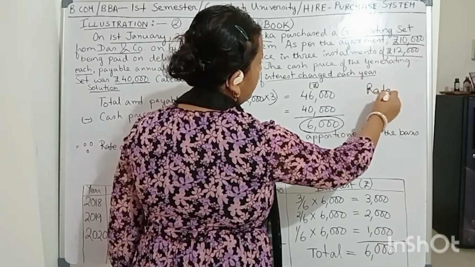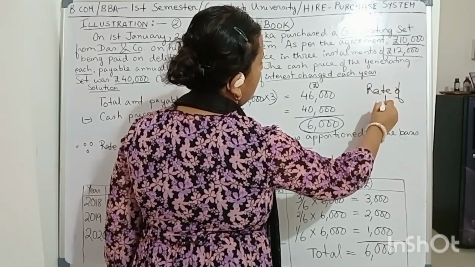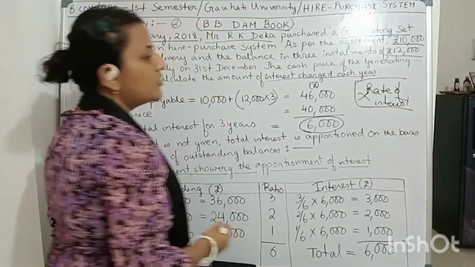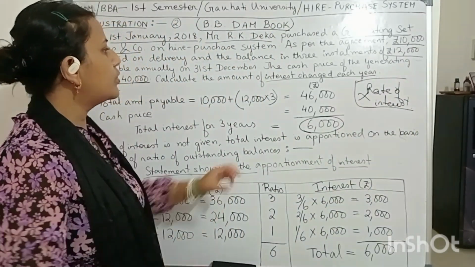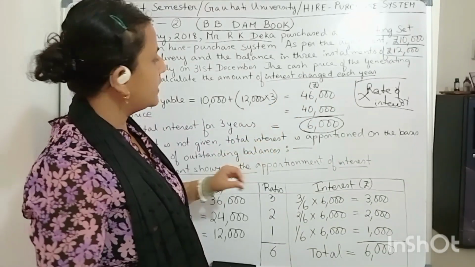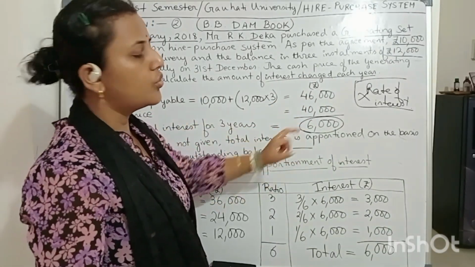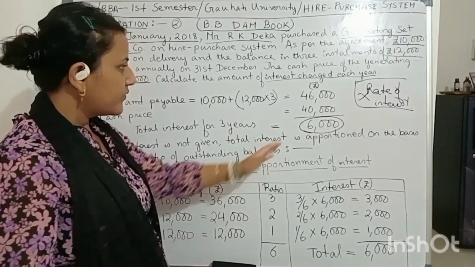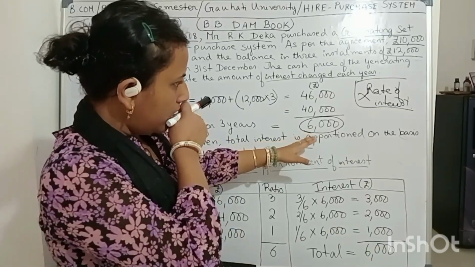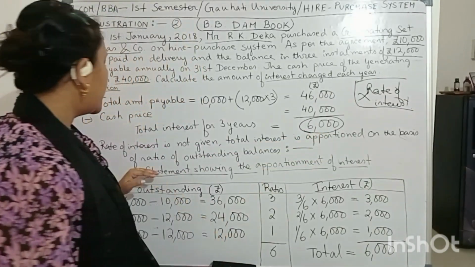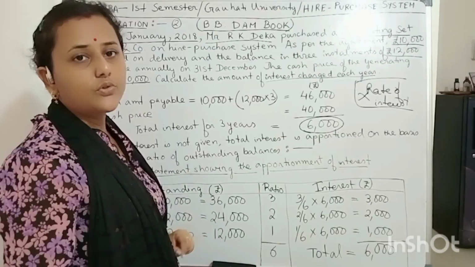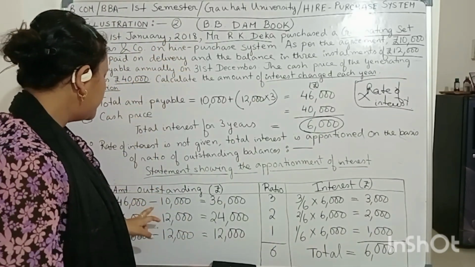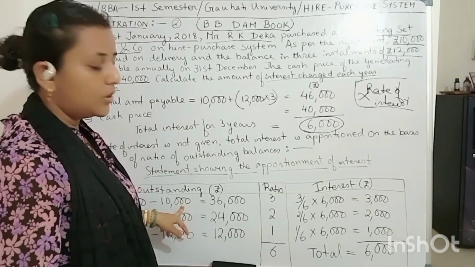When there is no rate of interest, the total hire purchase price is taken out, the cash price is deducted, and the total amount of interest is found. This interest is apportioned on the basis of the ratio of outstanding balances in each year. On 1st of January 2018, 10,000 was paid as down payment.